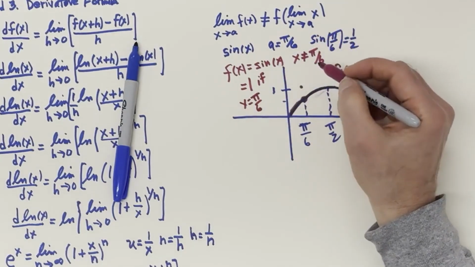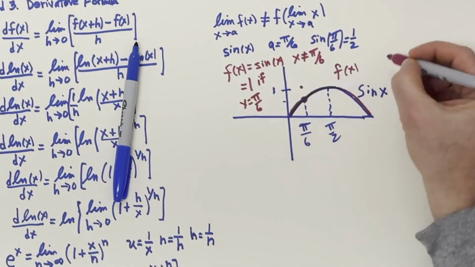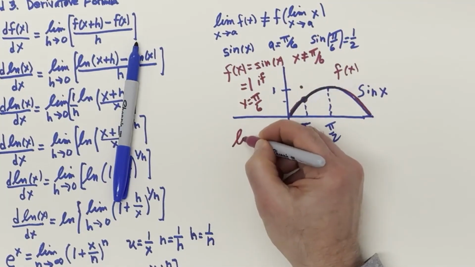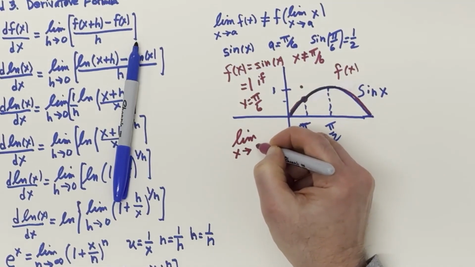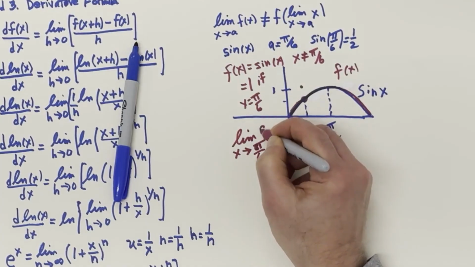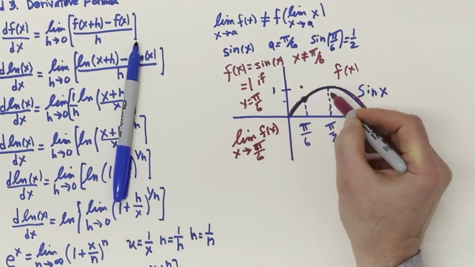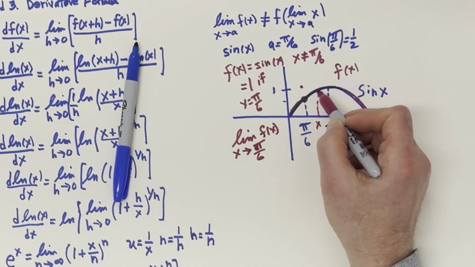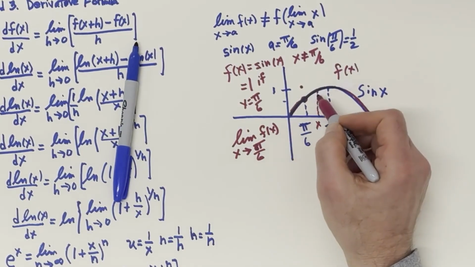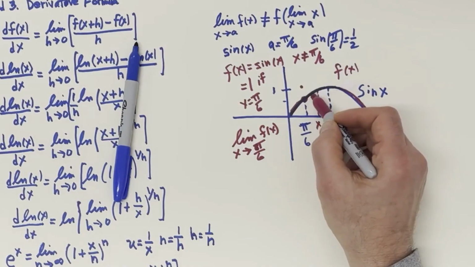So that's my function. Now, as I look at, say, the limit as x goes to pi over 6 of f of x, here's f of x and some arbitrary x value, but as I let x go to pi over 6, I kind of slide down here.